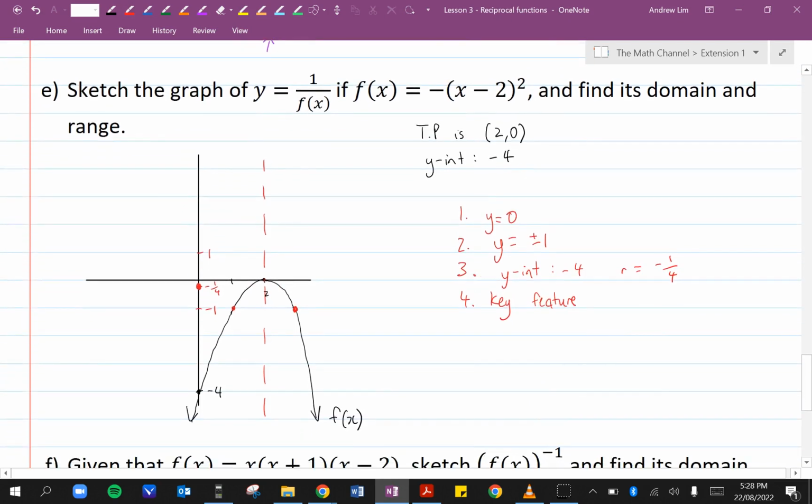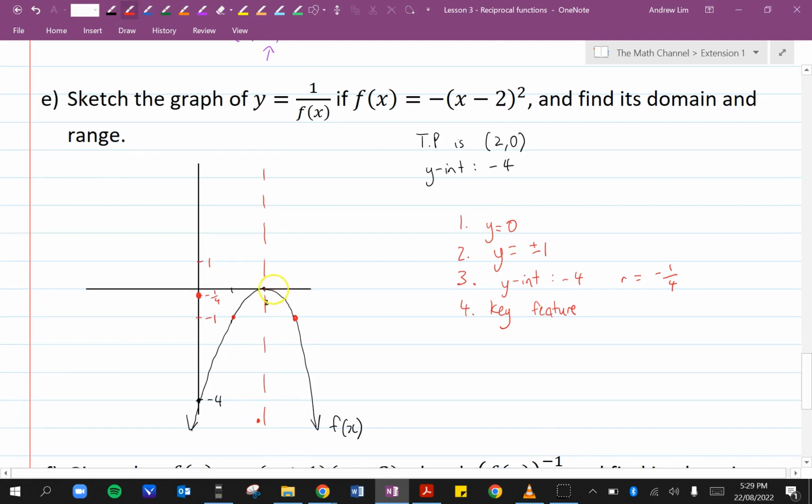So now we can graph our reciprocal function. So here, really close to 0, 1 divided by anything really small is really big in a negative direction. Same with this bit here. 1 divided by something really small is really big in a negative direction. And so that should be enough.